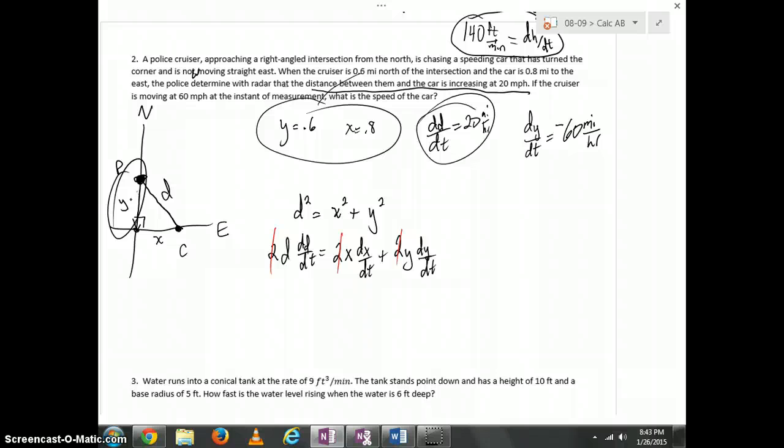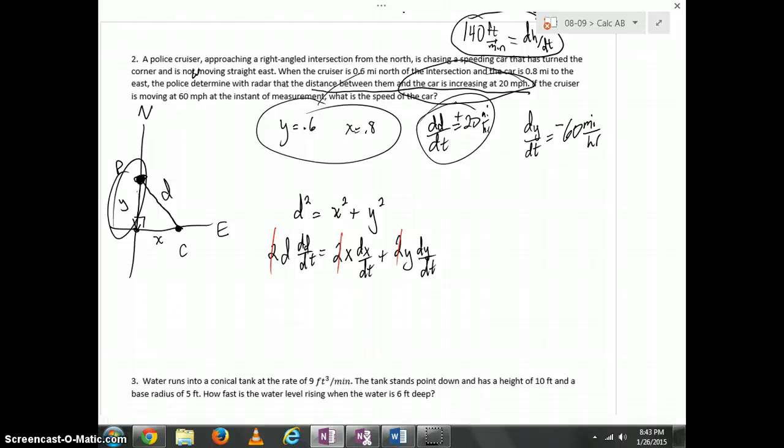That's how decreasing will show up. By way of comparison, you can see that the distance between the two cars was increasing. Just being told that, we would know that that would have to be a positive 20 miles per hour for dD/dt. We'd like to find out what dx/dt is.